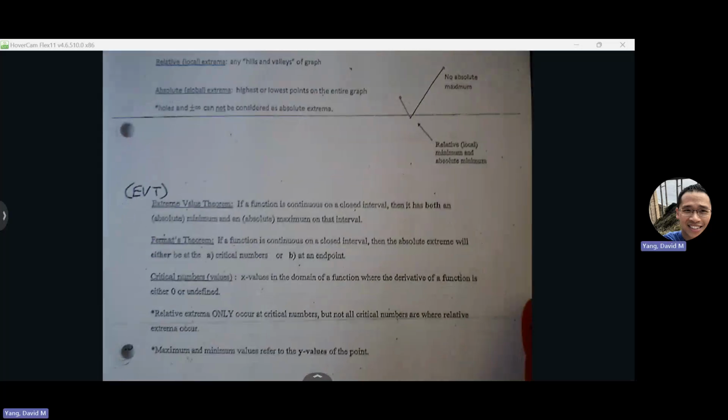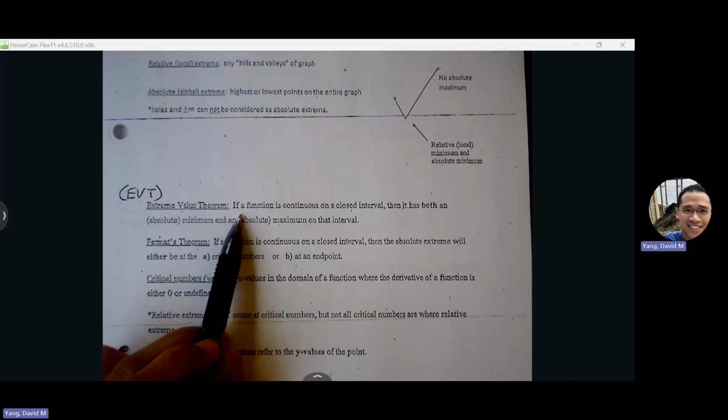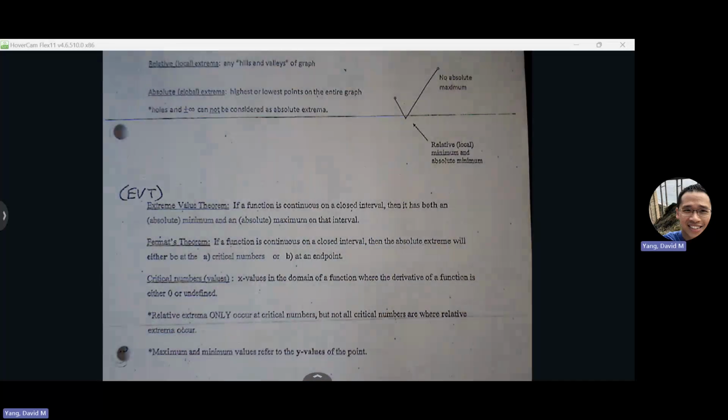Okay, just some definitions here to go through. The Extreme Value Theorem says if a function is continuous on a closed interval, then it's guaranteed to have an absolute maximum and an absolute minimum value somewhere on that interval.